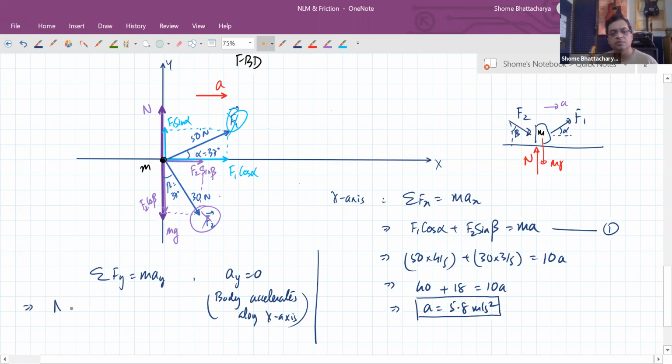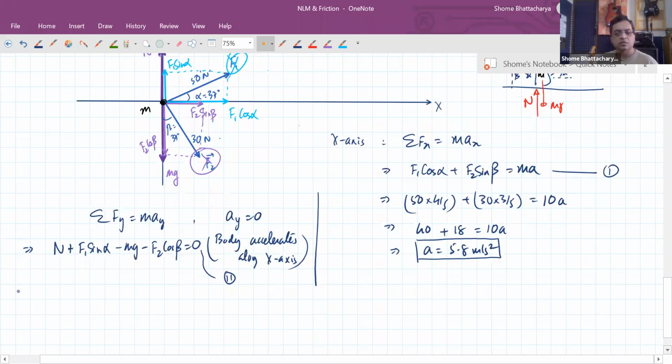So normal reaction plus F1 sin alpha minus mg minus F2 cos beta should be equal to 0. So this is our second equation. So from this we will get the value of the normal reaction.